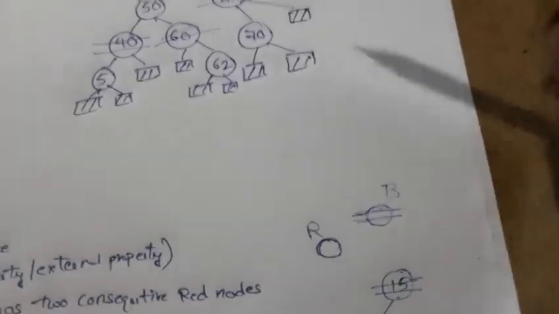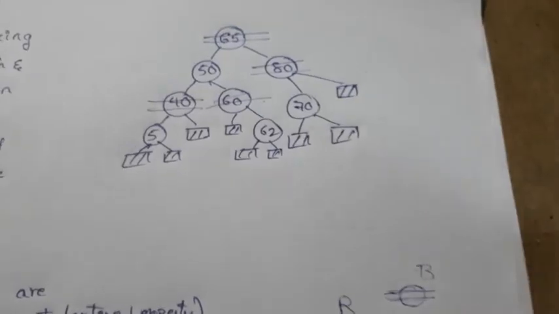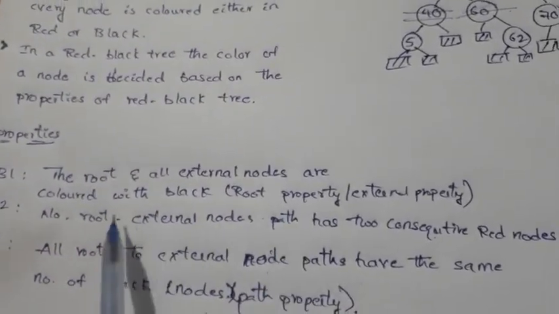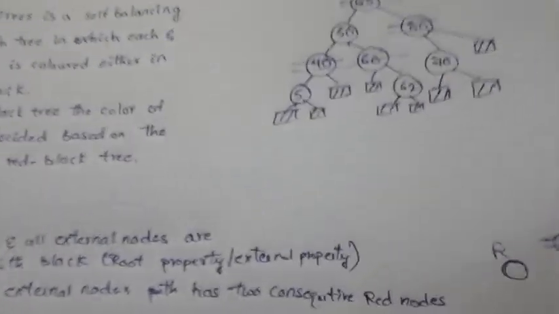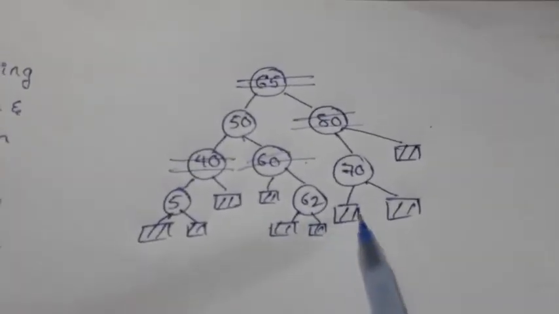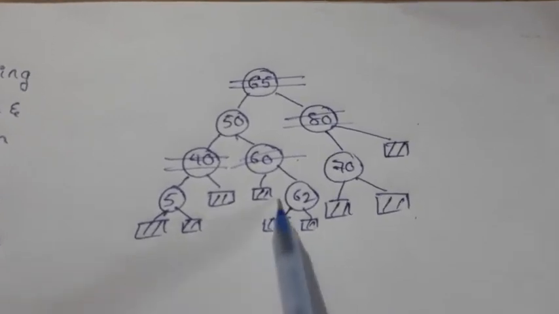Now we have to see whether it follows the properties of a red black tree or not. So what is my first property? RB1: the root and all the external nodes are colored black. It means the root node and all the external path nodes should be colored black.